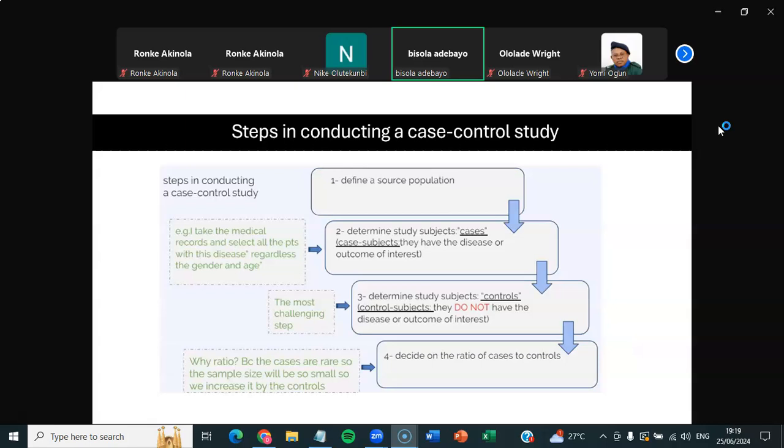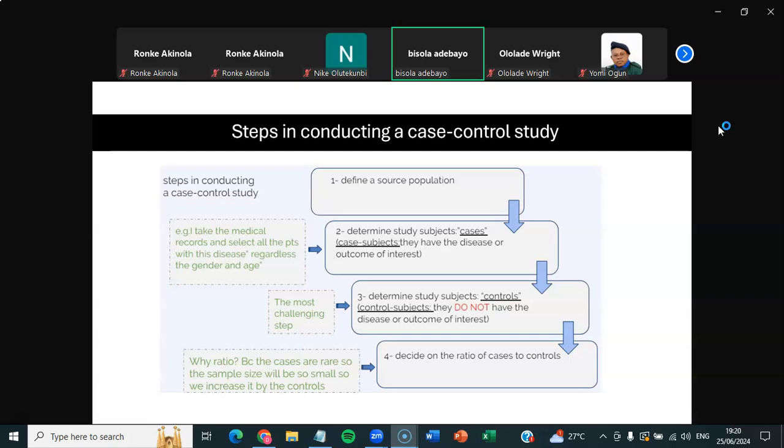Now when we look at our steps, like we said before, we define our source population, we determine our cases. So you have to decide what are the criteria by which you define somebody as a case. We determine our controls, then we decide on the ratio of cases to controls. Minimum, we should have 1:1.